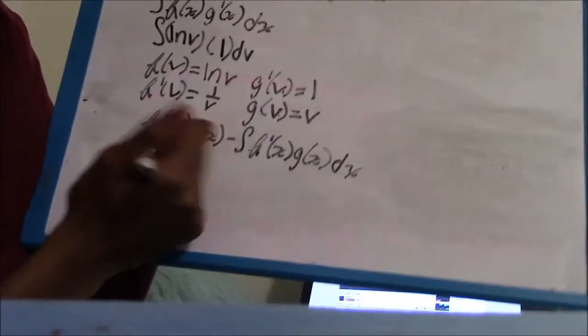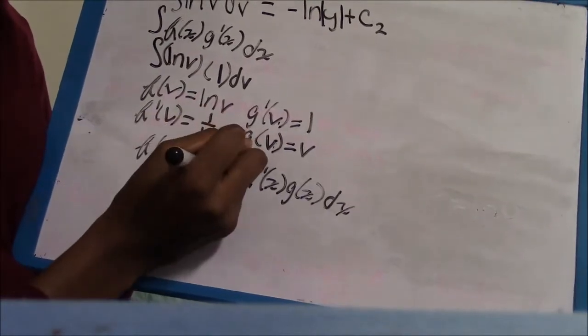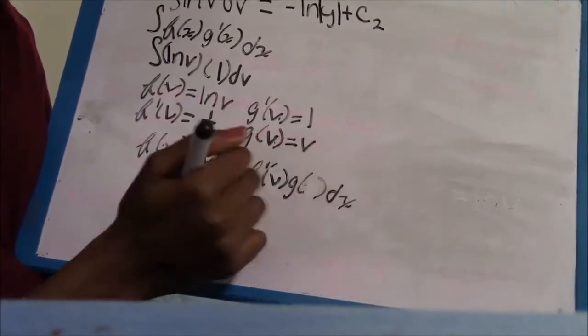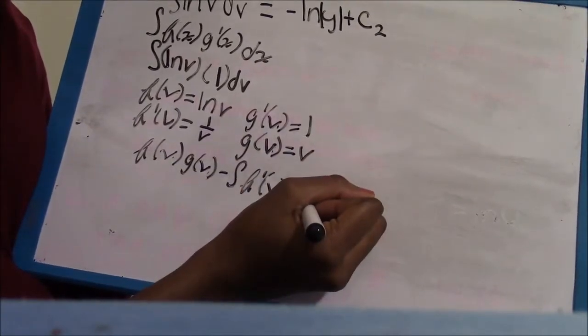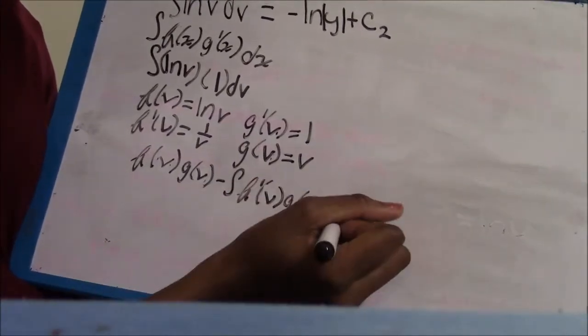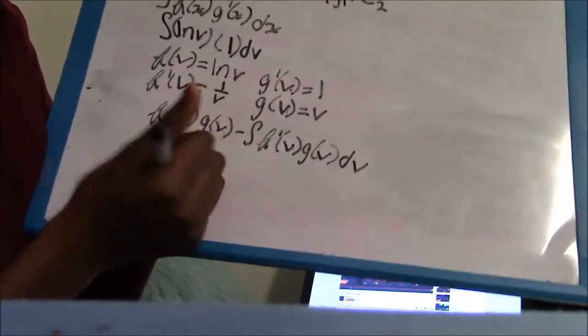But in this case, it'd be f of v times g of v minus the integral of f prime of v times g of v with respect to v, which is dv.